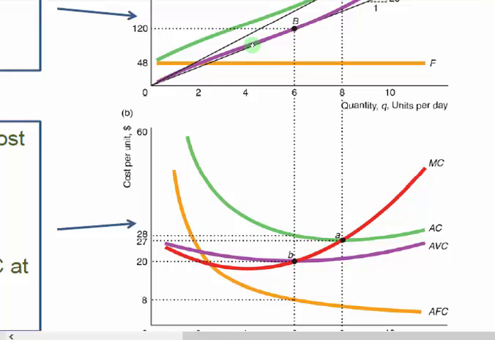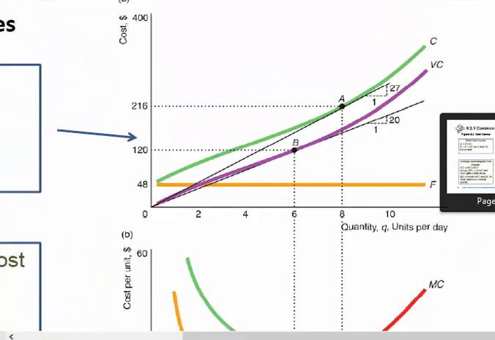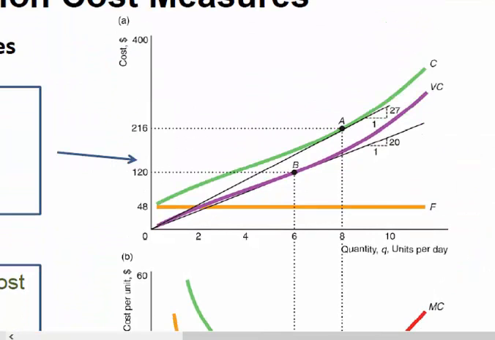Okay, it's the many different slopes for many different radiants coming out of the origin onto the cost curves, and then you plot those slope numbers, you get the average cost curves. So that's kind of where things come from. It helps us understand a little bit more, but it's not really essential.